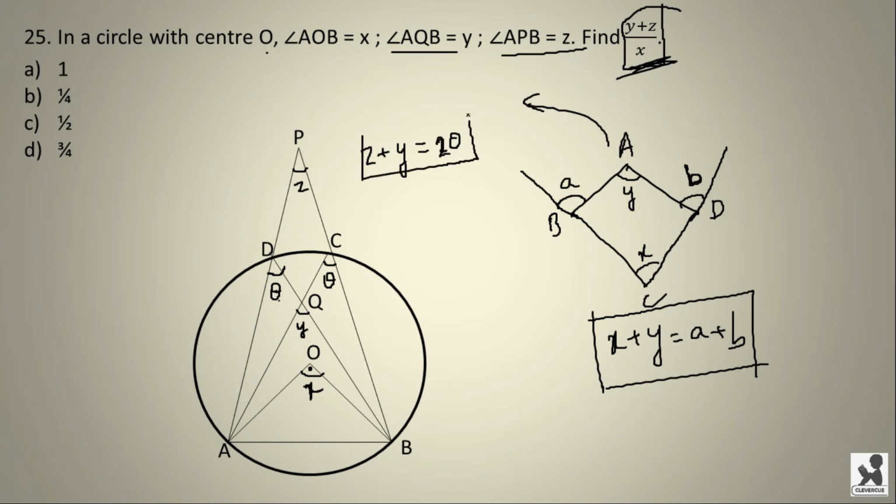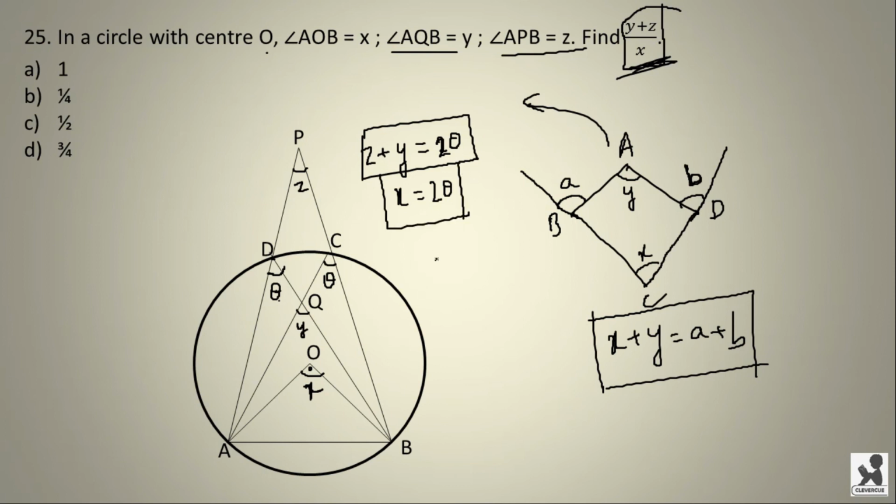And next, here AB is making an angle of theta at the circumference, then it makes an angle of 2 theta at the center. That means x is also equal to 2 theta.